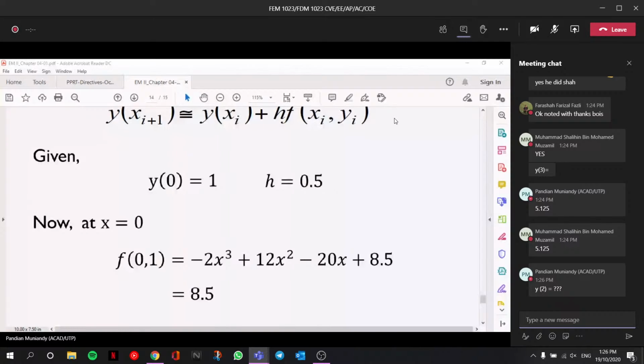So if you calculate 5.125 plus 0.5 f of 1.5, f is minus 2 times 1.5 to the power 3, plus 12 times 1.5 to the power 2, minus 20 times 1.5, plus 8.5.